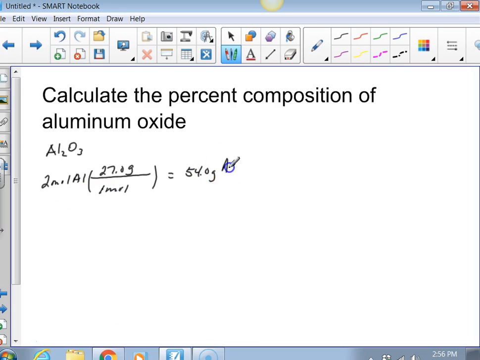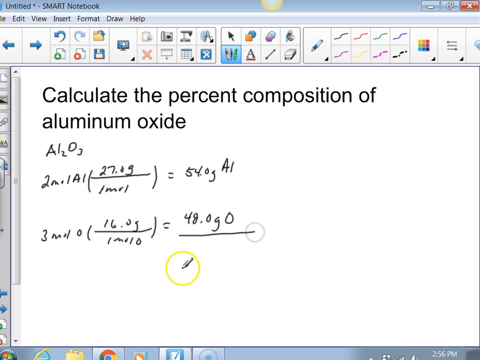And then we have 3 moles oxygen multiplied by 16 grams for every 1 mole of oxygen, and that gives 48.0 grams of oxygen. So this comes to 102 grams for the compound.